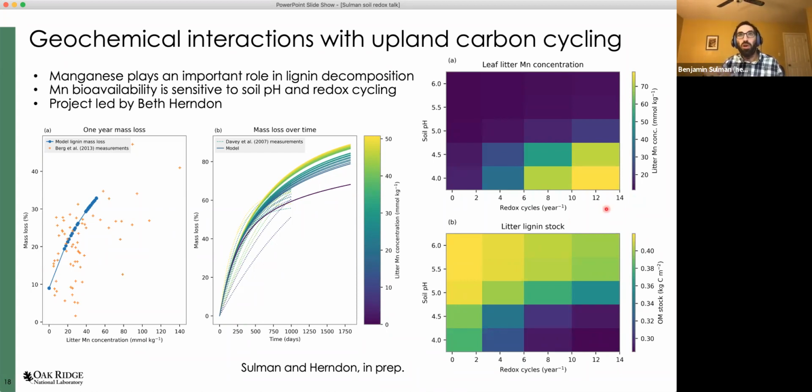If we have more time spent under anoxic conditions, there's a higher manganese availability, because reductive dissolution of minerals is a main source of manganese that's bioavailable to plants. And so we can map out how under lower soil pH conditions and more often anoxic conditions, leaf litter manganese concentration is higher, and this drives the organic matter stock in the litter layer to be lower in these model simulations, because manganese availability is promoting lignin decomposition.